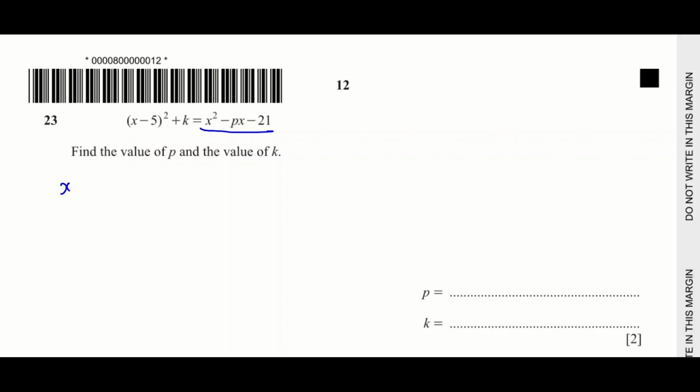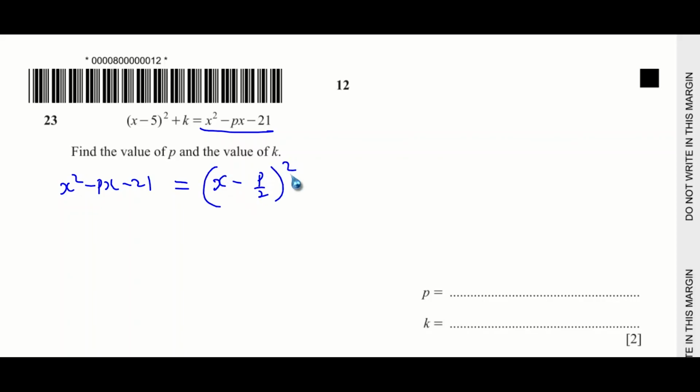So if you have x squared minus px minus 21, it will be equal to, we can write it like this. Half of minus px is minus p over 2. So we're going to have x minus p over 2 all squared.